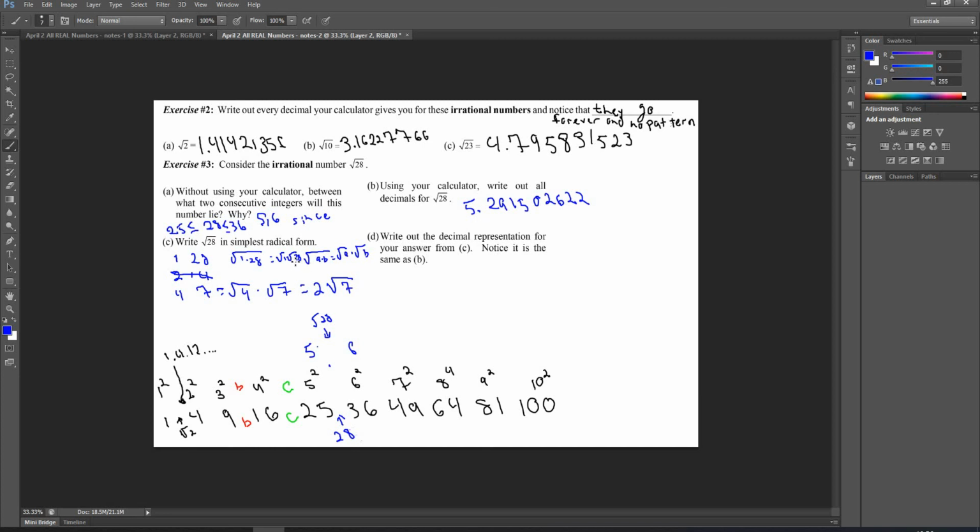We're going to be doing more practice with those. But essentially every time you're looking for 2 factors, one of them should be a perfect square, and then you simply take the square root of the perfect square.